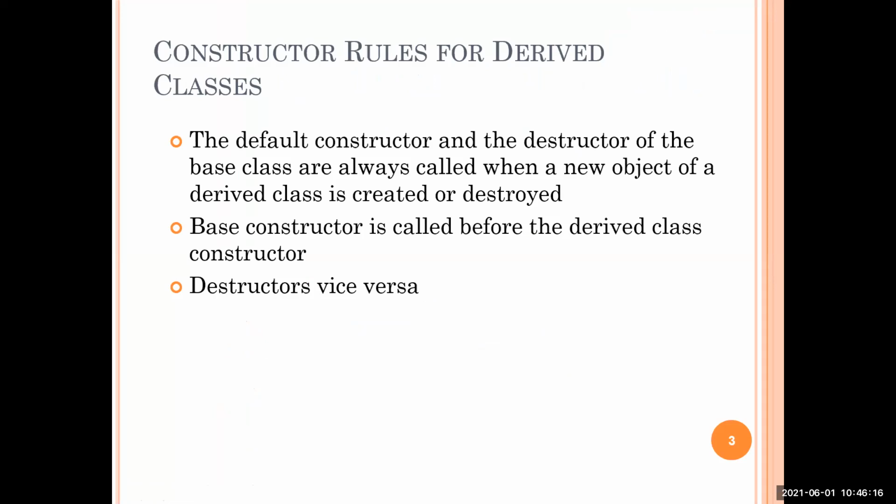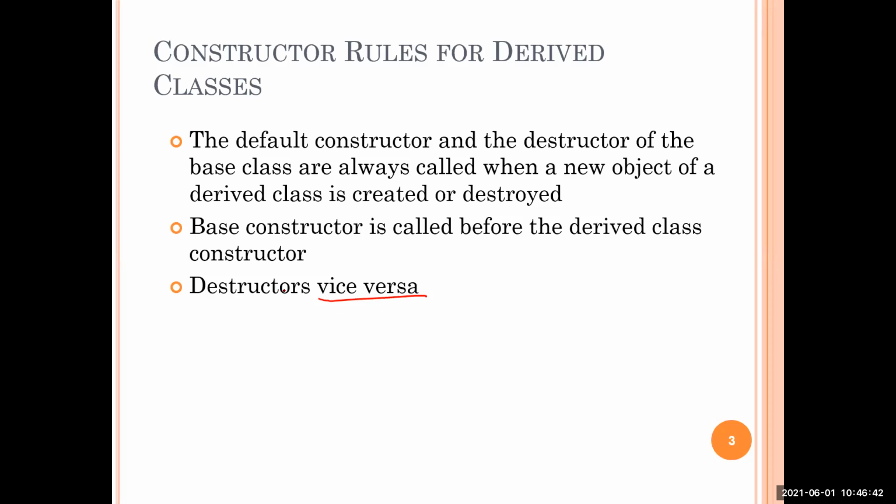But the only difference is that when you are making an object, the constructor is called. And what is the order? Parent and then child. Similarly, if you have any destructor in your class, the order of destructors is actually reversed. Reverse means that when the memory is released and your object is destroyed, first the destructor of the child is called and then the parent is called.